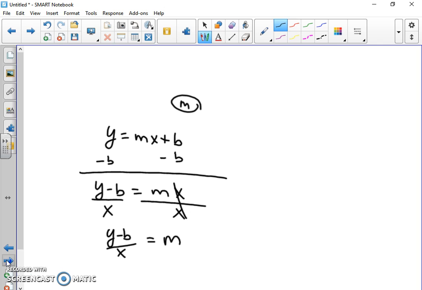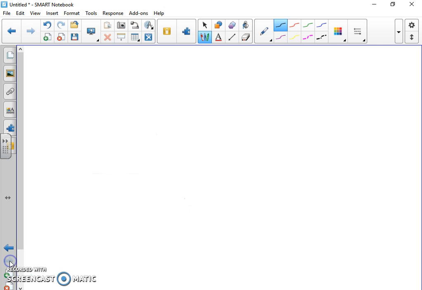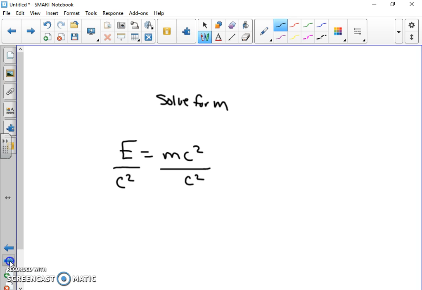All right, the next one. E equals mc squared, and let's solve for m. So m's here, we've got to divide both sides by c squared. Cancels, so we have e over c squared equals m.